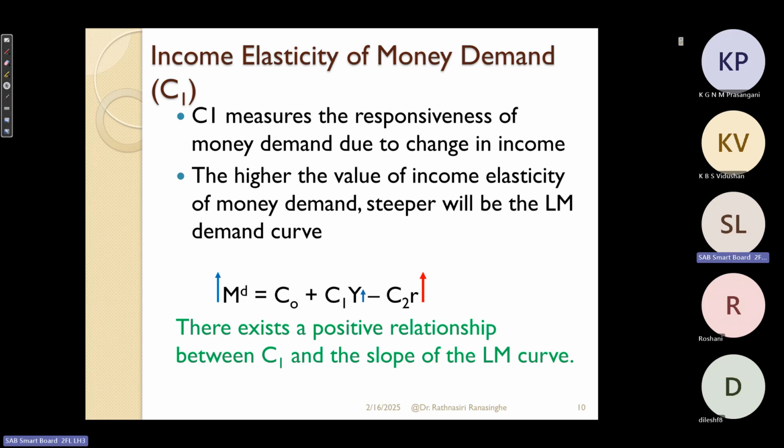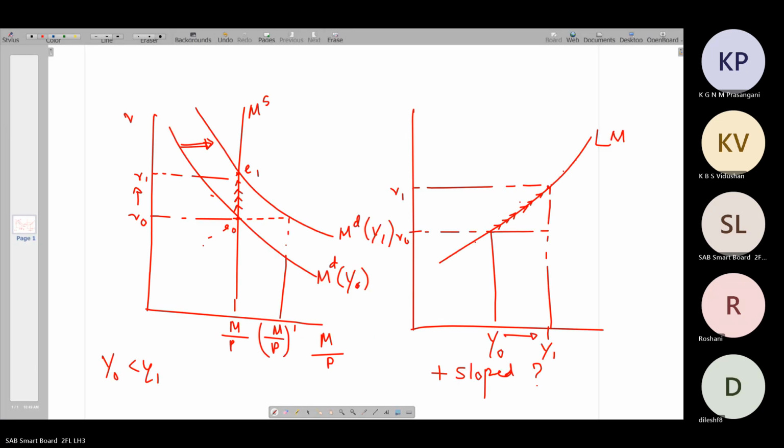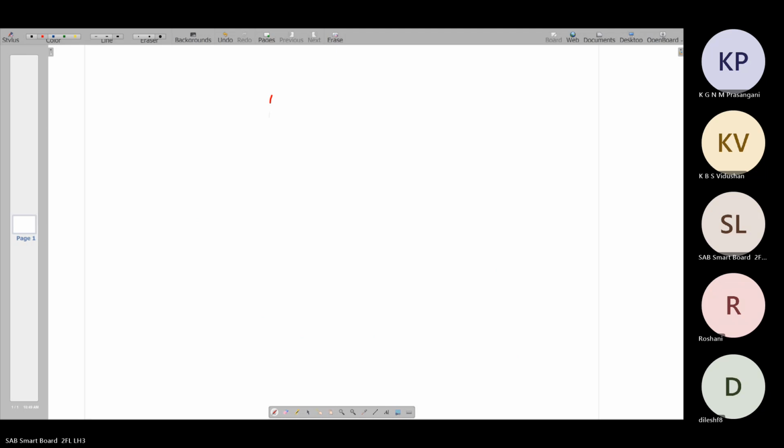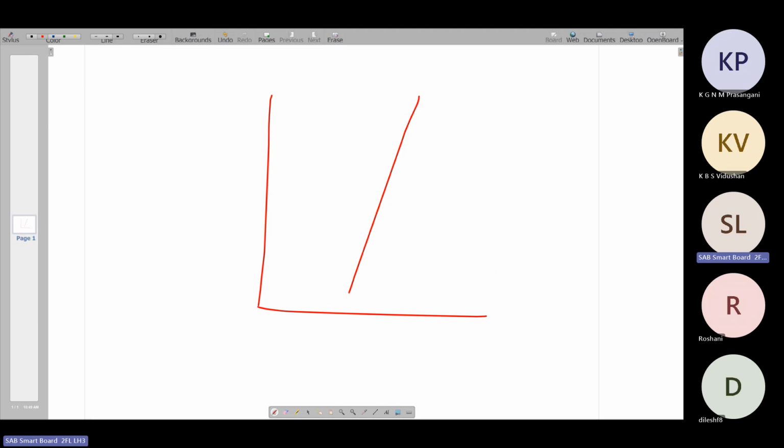This is the slope. Now the LM curve, we have the steeper, positive one. So this is the LM curve, steeper, and this is the flatter.